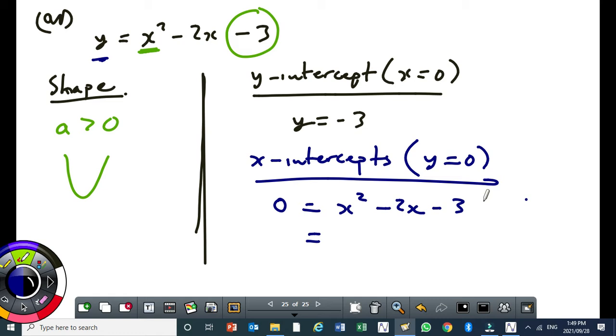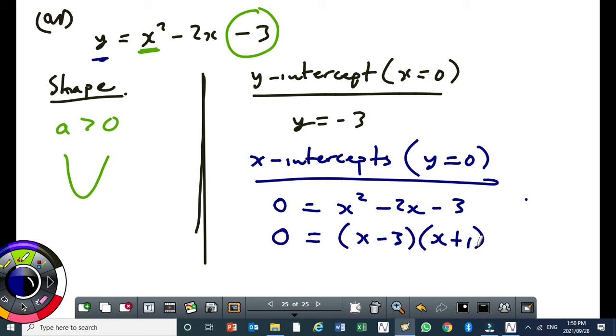You can also use the quadratic formula to solve the quadratic equation. So in my case here, I'm going to factorize it. So it will be x minus 3 times x plus 1. So this is straightforward. It's a grade 9 quadratic equation.